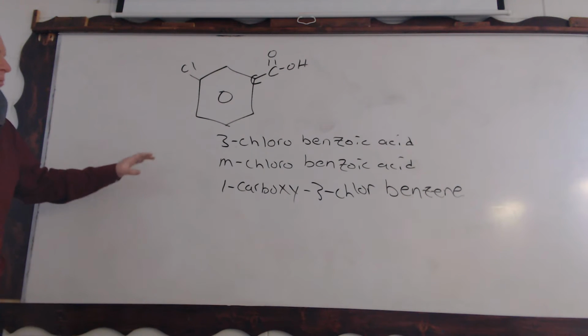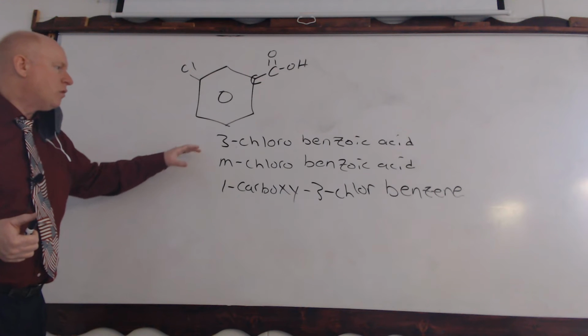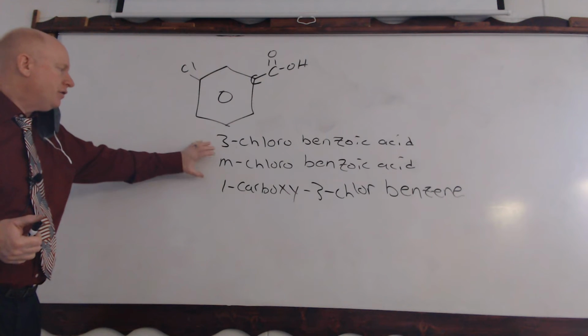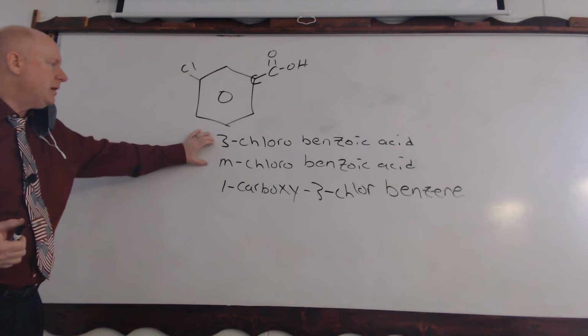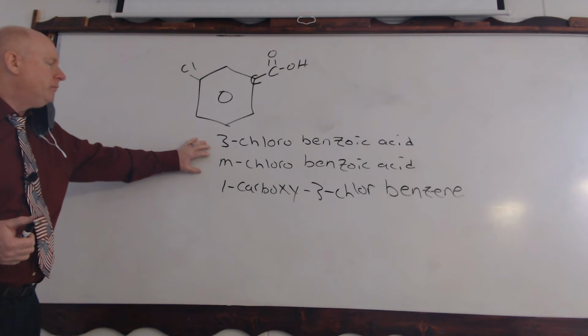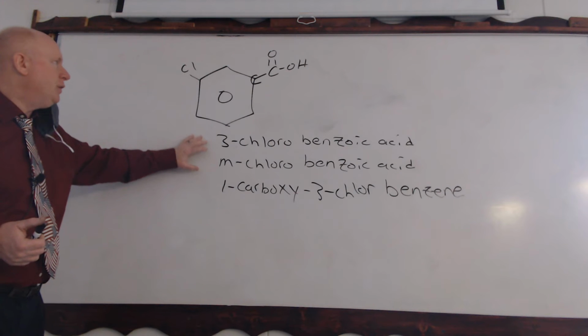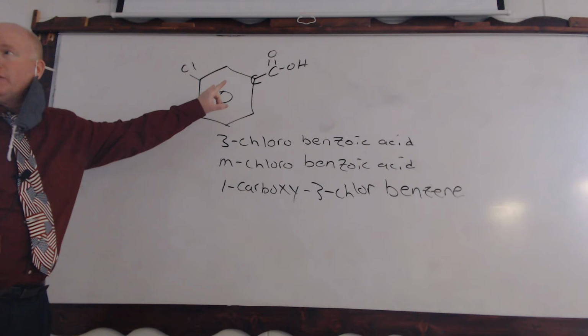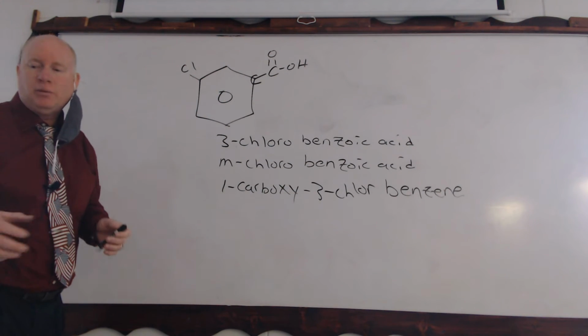You just need to be able to pick one of these that you're more comfortable with. Okay, there's nothing wrong with this one. It just shortens it up a little bit, and with that, you can only do that if there's two derivatives on there. You got to remember that as well.